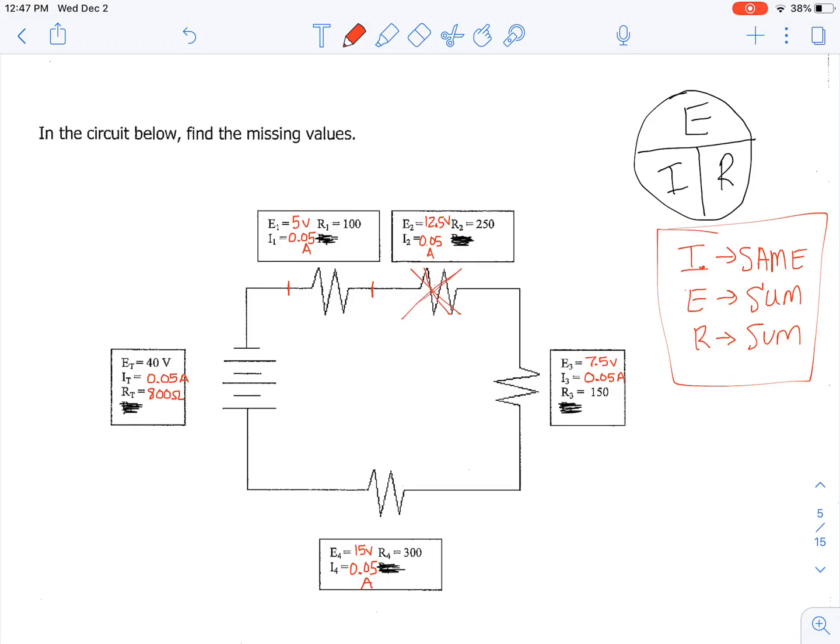If one goes out, then that means they all go out. If you think about old-time Christmas lights, Christmas lights are wired in a series circuit. If one bulb fails, then the whole string, or at least maybe half of the string, will go out, and you'd have to troubleshoot as to which one it is. That's the most prevalent example of a series circuit.